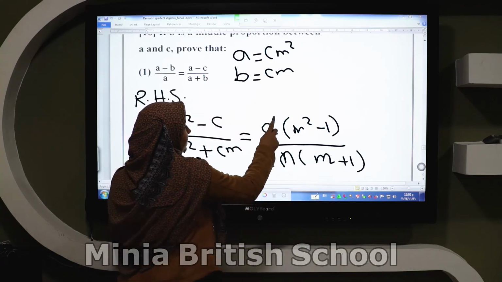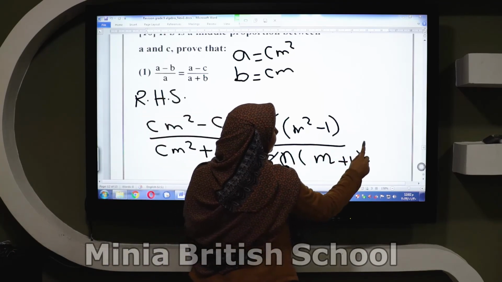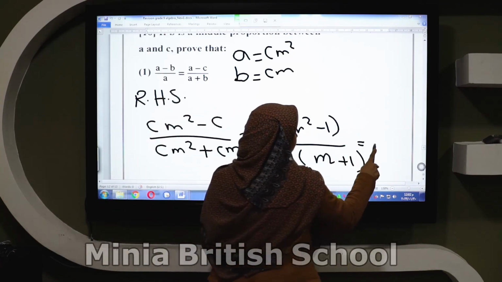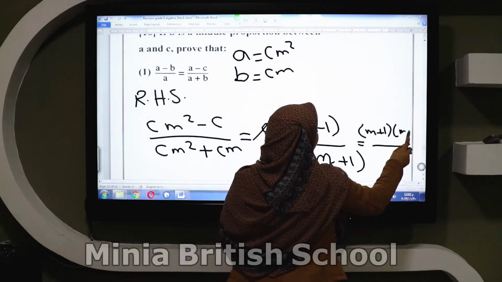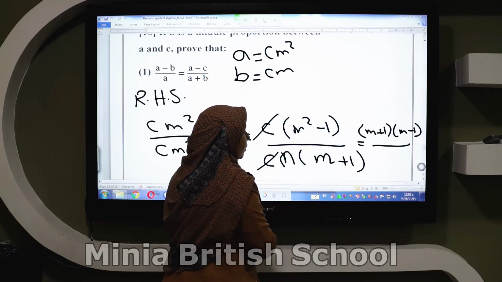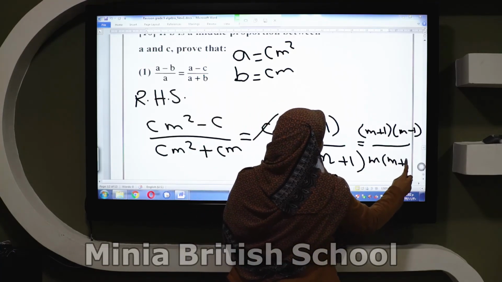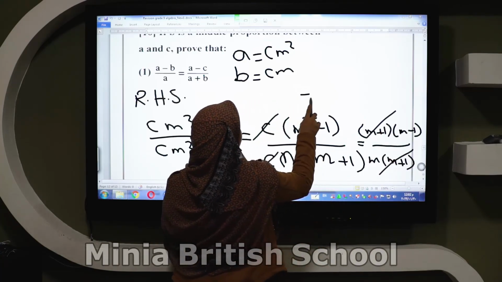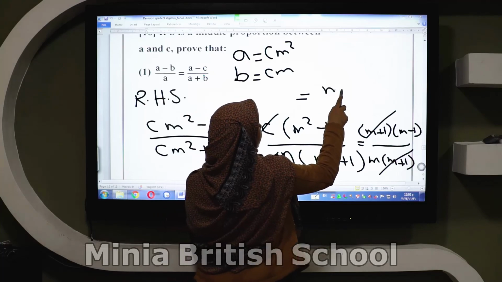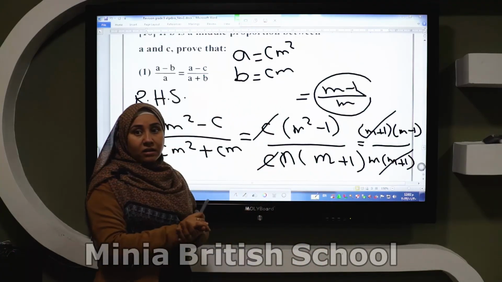You can cancel C with C. Then you can factorize into two brackets: (M plus 1)(M minus 1) over M(M plus 1). You can cancel this bracket with this bracket. So the right hand side equals (M minus 1) over M, equal to the left hand side.